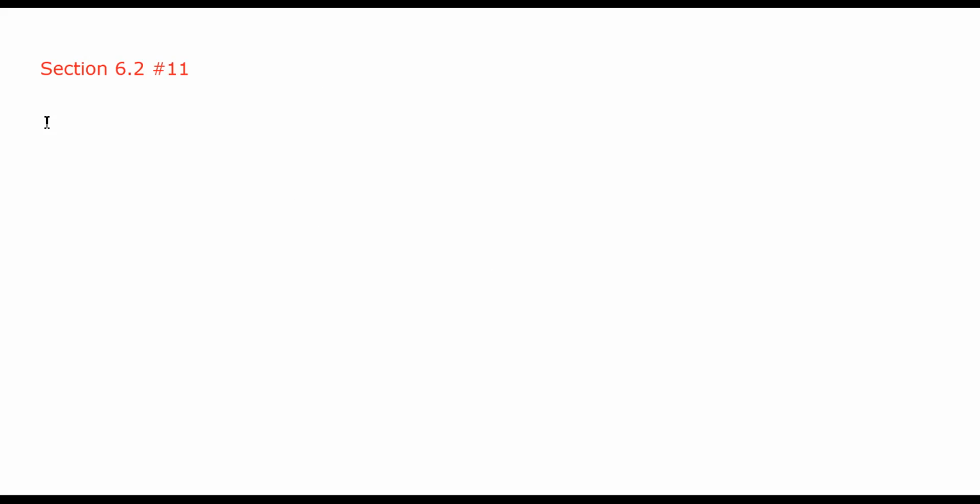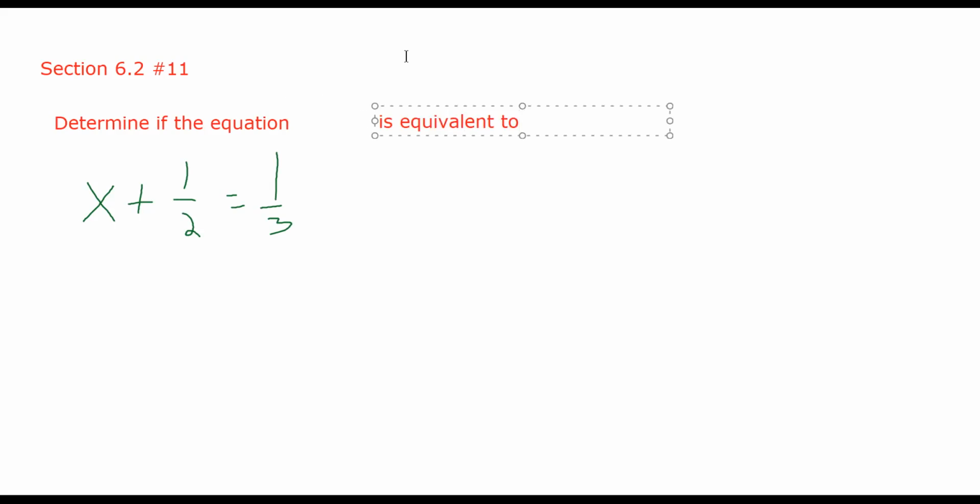So, determine if the equation x plus 1/2 equals 1/3 is equivalent to the equation x plus 3 equals 2.